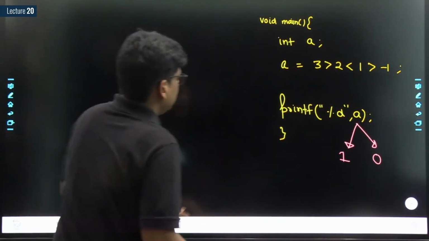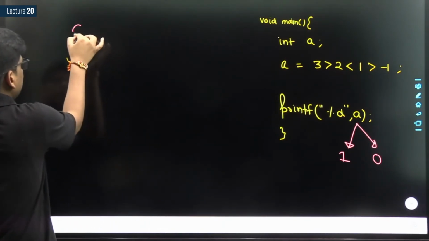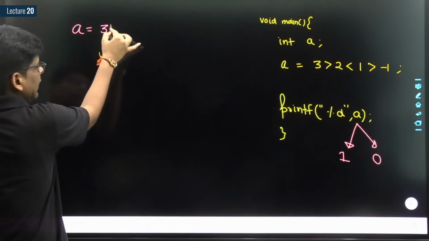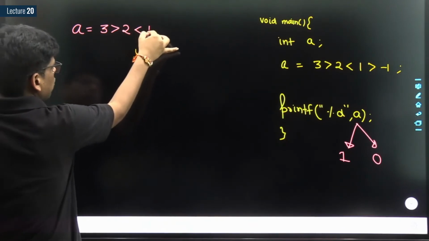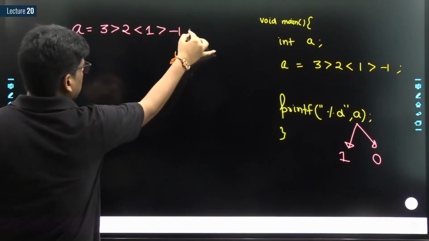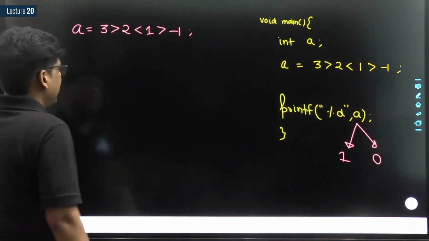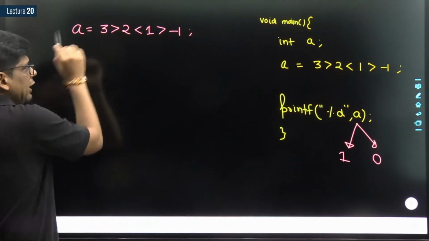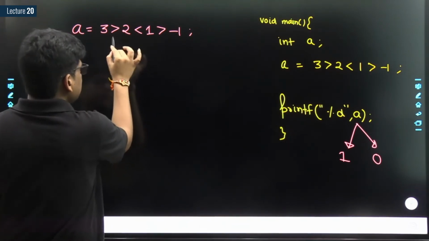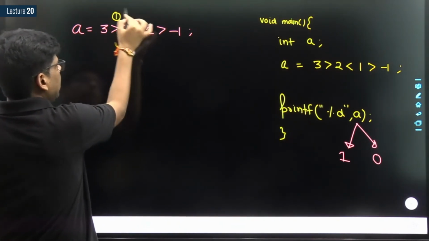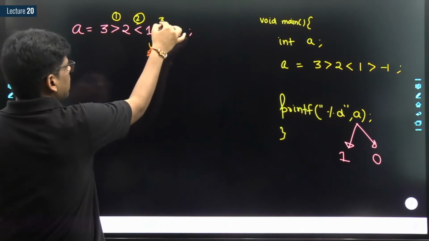Sir, let's see. A is equal to 3 greater than 2 less than 1 greater than minus 1. Sir, equal to has the least priority. Okay, we will talk about it later on. But all of these three operators have the same priority.